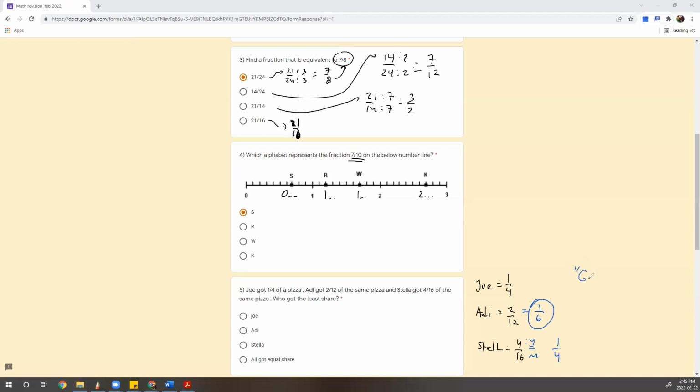Because the greater the denominator, the smaller the number. So keep in mind, greater denominator means smaller number, or smaller denominator means it has the greater number.